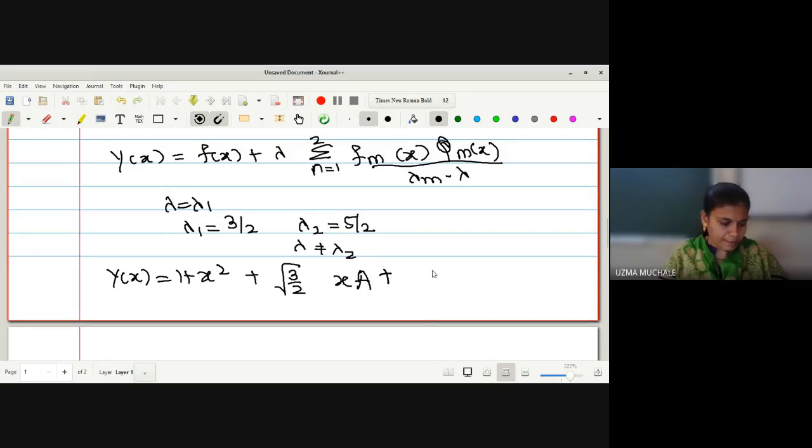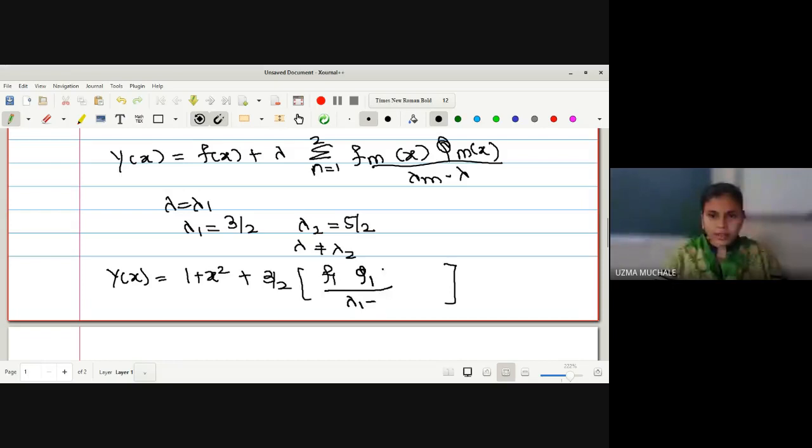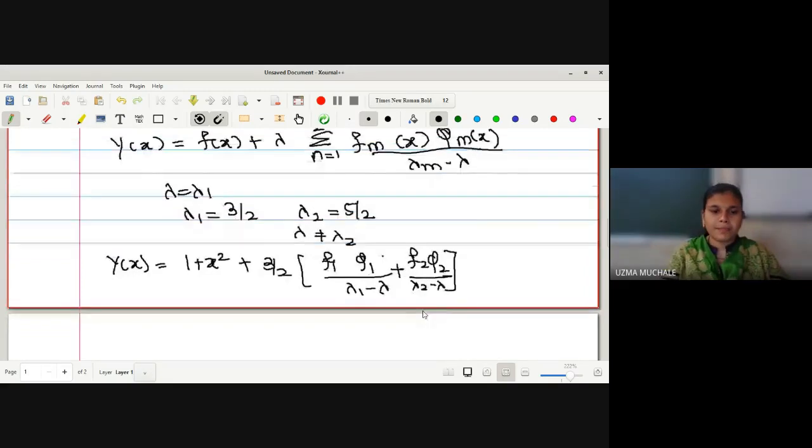Next, let us evaluate in detail so that you can understand. Let me write down the value of y of x is 1 plus x square plus lambda, where the value of lambda is 3 by 2. Okay, let me run the summation. First I will write down for f1 phi1 divided by lambda1 minus lambda, plus the next term is f2 phi2 divided by lambda2 minus lambda.